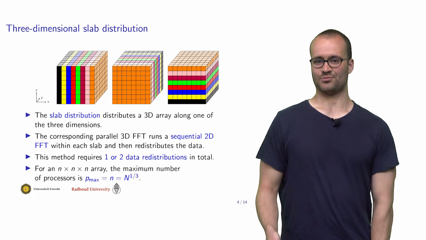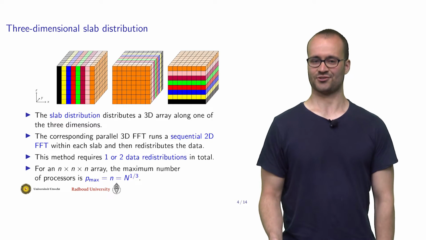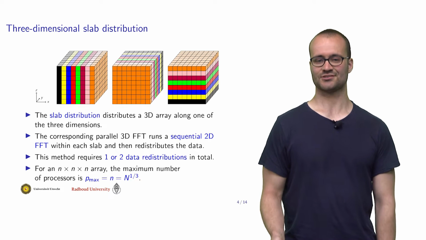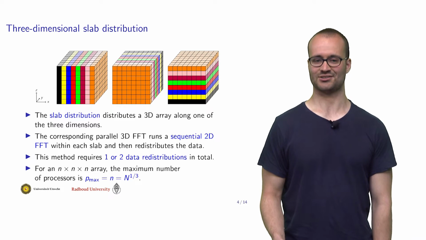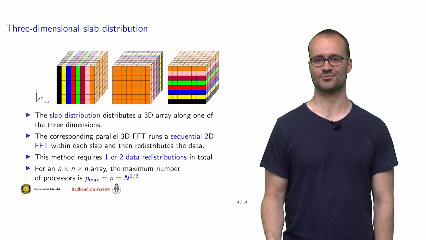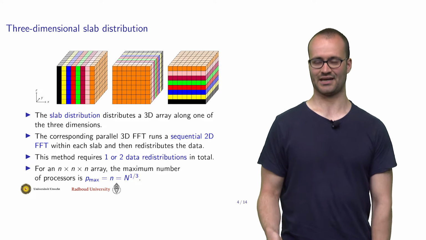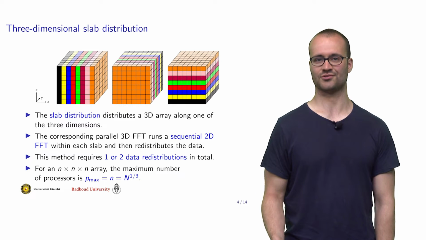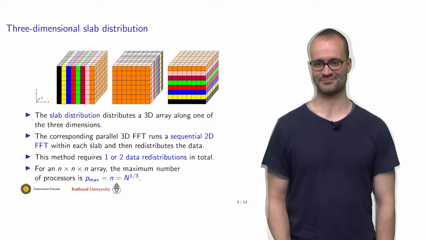We can, at most, have as many processors as we have elements in one direction. That means the maximum number of processors we can use is n, or the cubic root of the total number of elements.